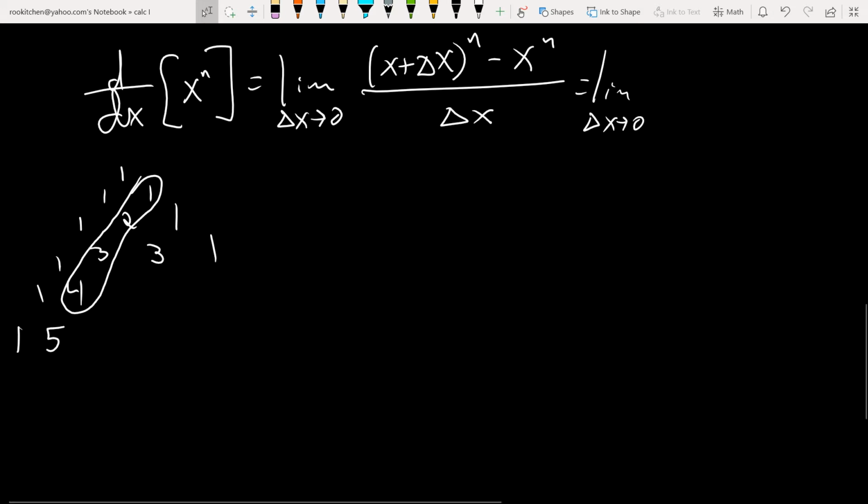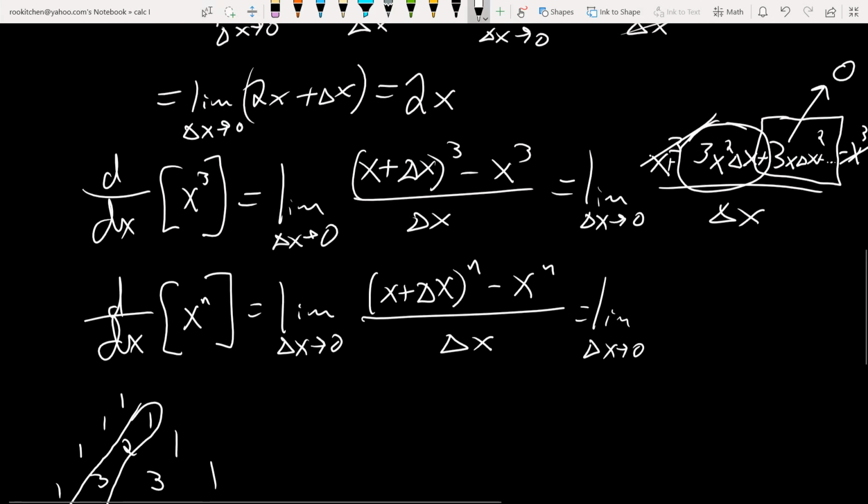So it's always just going up by 1. And in particular, when we have a third power, this becomes a second power. In general, when I have the nth power, this will be n times x to the n minus 1.